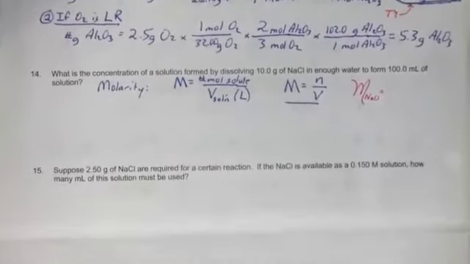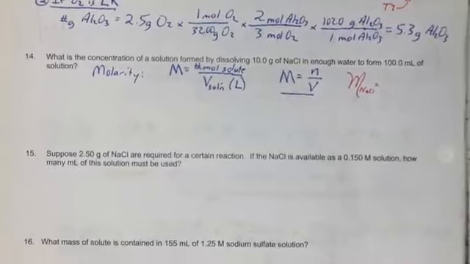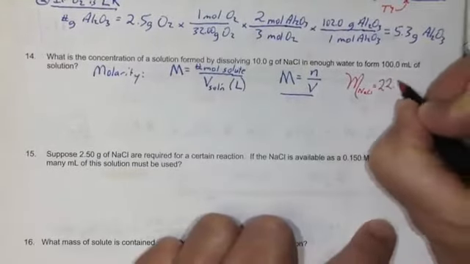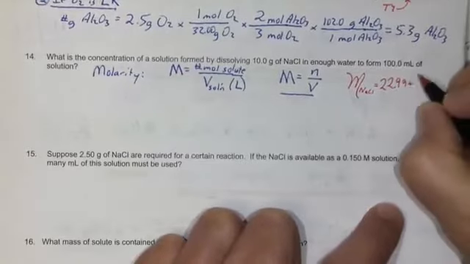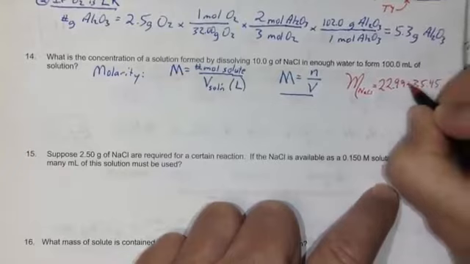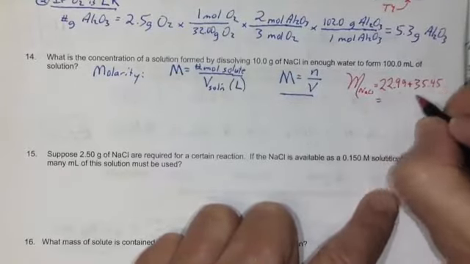Now I would do this in my calculator rather than writing it down, but I'm writing it down so you can see where it's coming from. I have 22.99 plus 35.45. And so the molar mass of sodium chloride is 58.44.